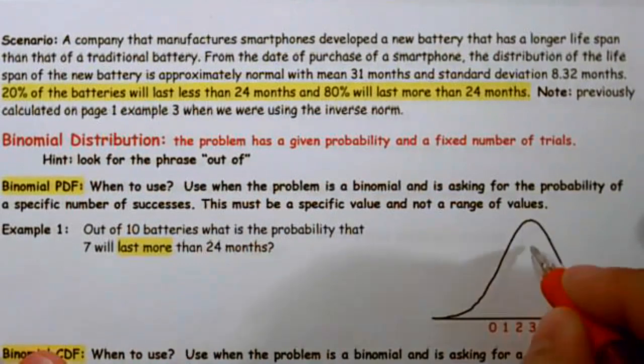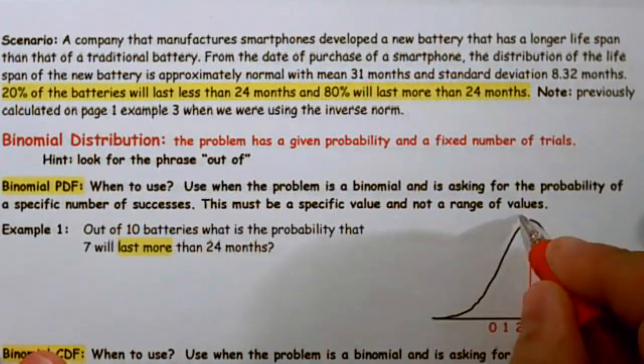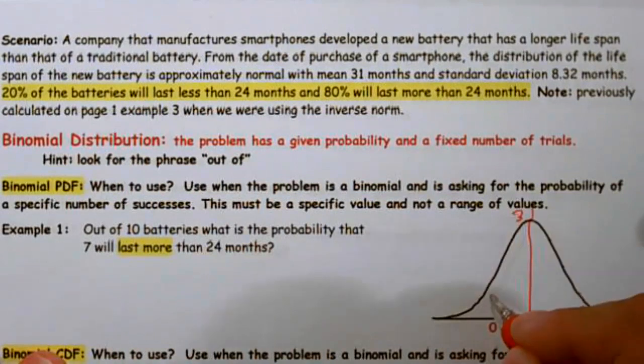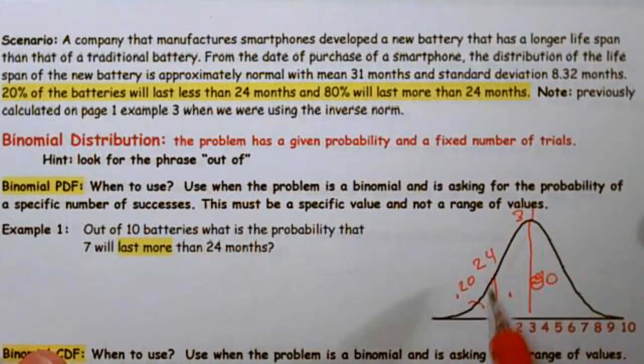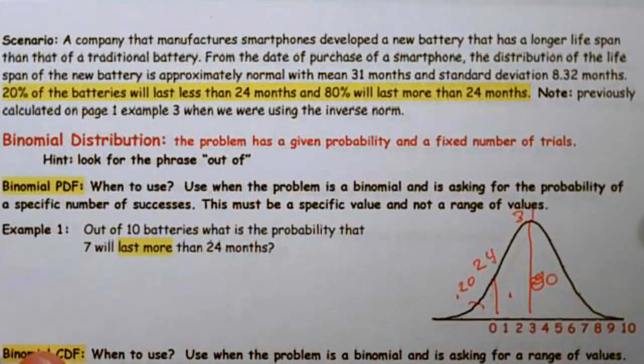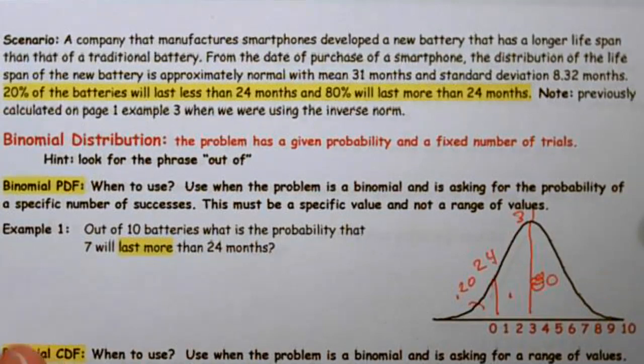So I'm going to say this right here was my mean at 31. This is 24, and this represents 0.20. This is 0.80. So at 24 months, 20% lasts less and 80% lasts more, because I need to be paying attention to what they're asking for in the question.